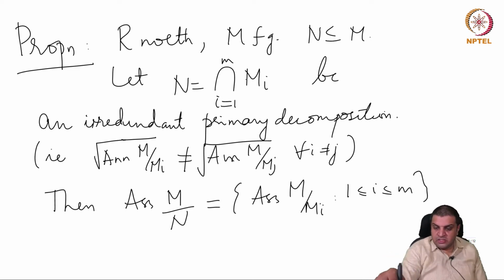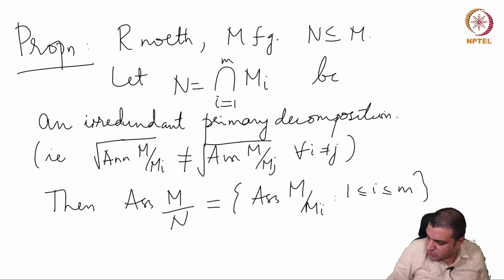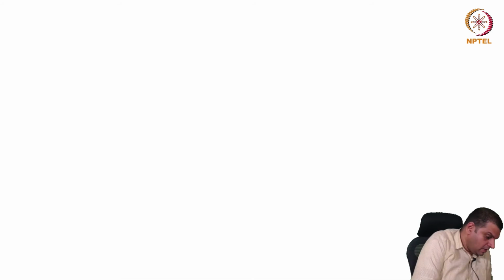So each of these factors, M mod M_i, contributes one associated prime, and distinct ones, and that's exactly the list of associated primes of M mod N. So every associated prime of M mod N gets a contribution from this. This is the proposition.